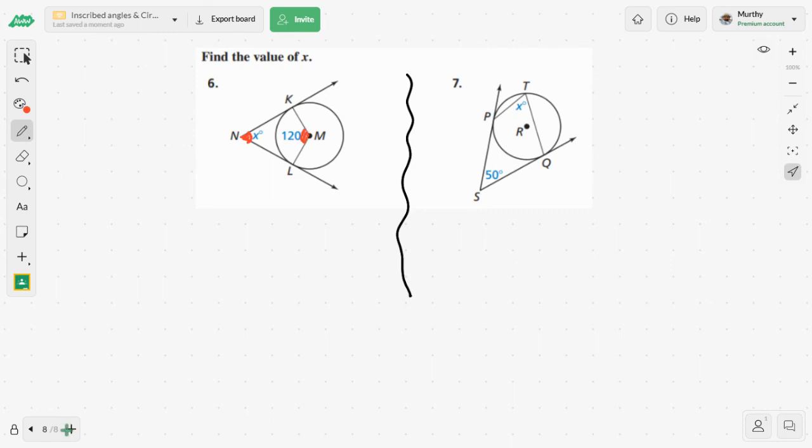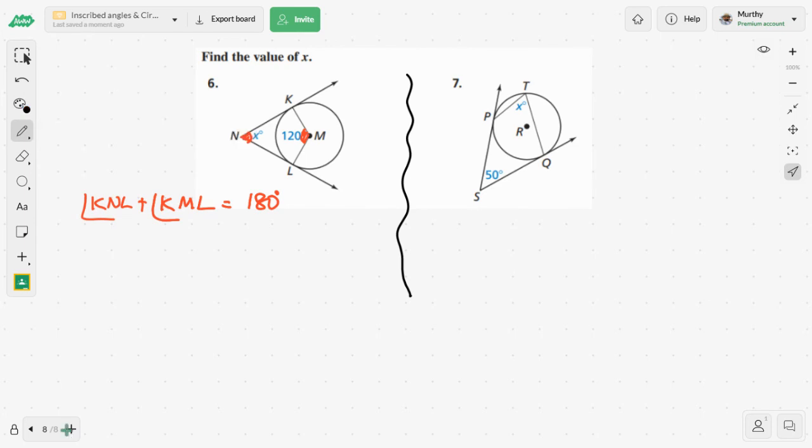So let me take angle KNL plus the central angle KML equals 180. The reason is the circumscribed angle theorem.